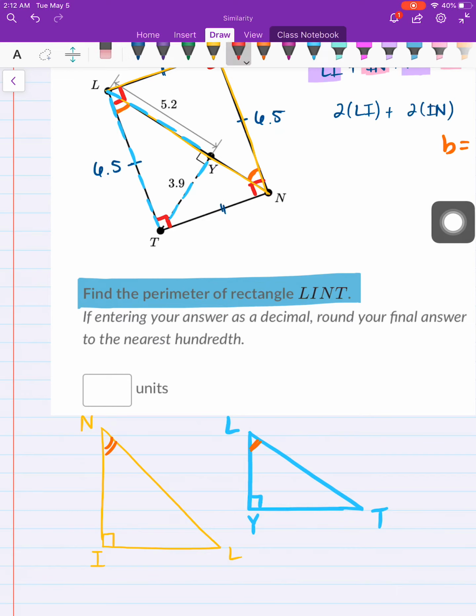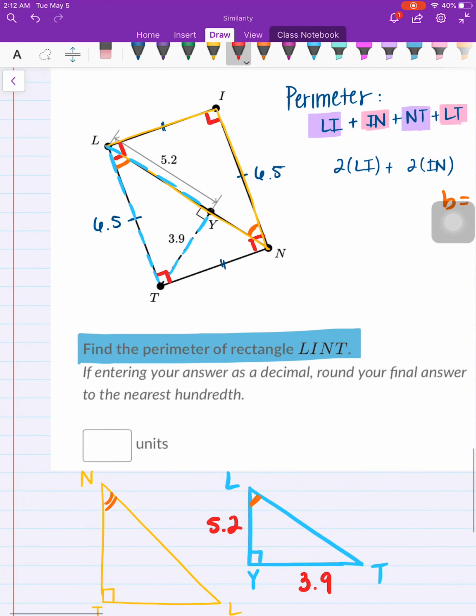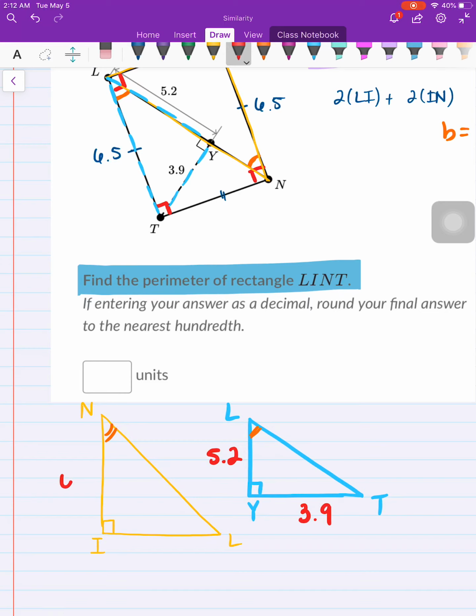So then in this case, LY is 5.2, and then YT is 3.9. And then in this case, NI is going to be 6.5. And we're actually trying to find IL.